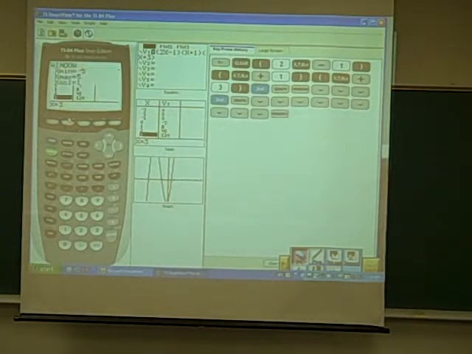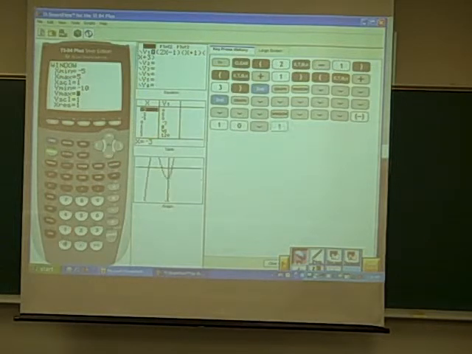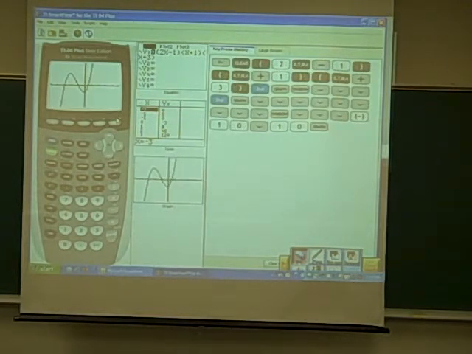Alright, so between negative 10 and 10 would be fine. So our Y min, we're going to set at negative 10, and our Y max is a positive 10. And let's take a look at our graph again. And we got the whole thing this time.